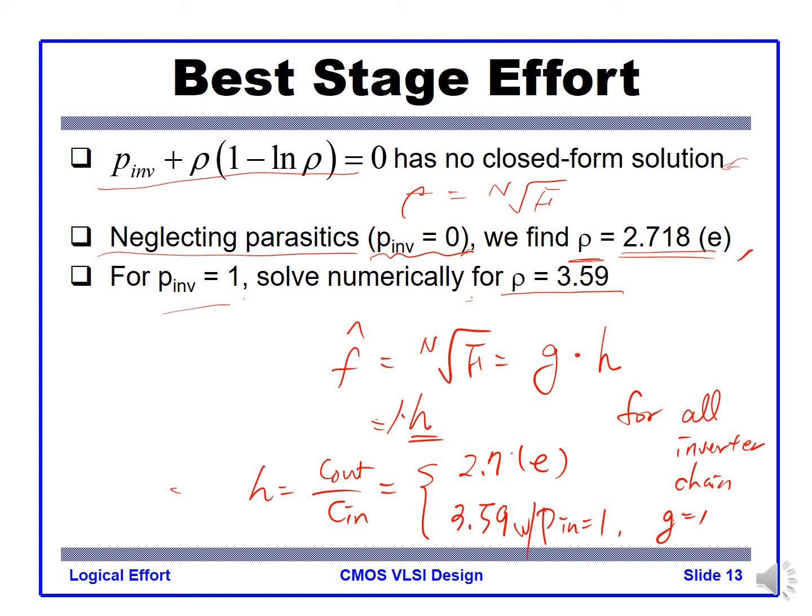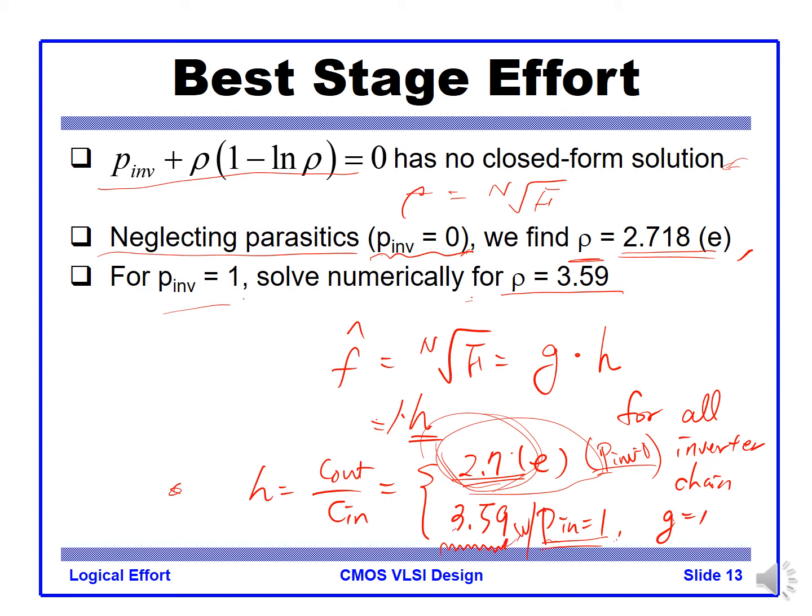So this gives us a guideline that if we want a minimum path delay, try to make the fan out close to 2.7 for no parasitic P, neglecting the parasitic delay. If we include the parasitic delay, then the minimum delay would be achieved by having a fan out of 3.59.